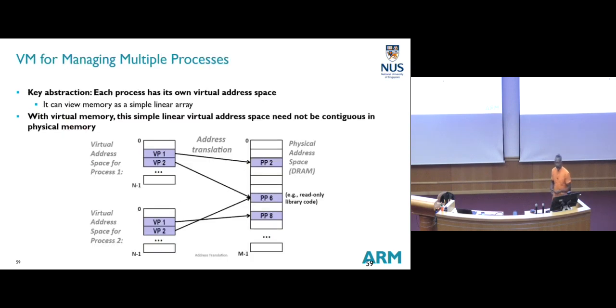In terms of managing multiple processes, as we saw just now, I can have multiple processes, process 1, process 2, and so on, and they map to different physical addresses.